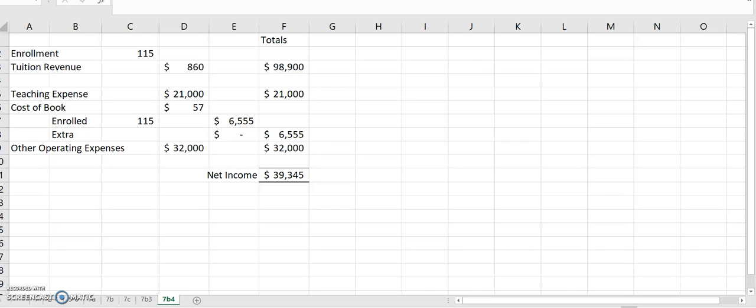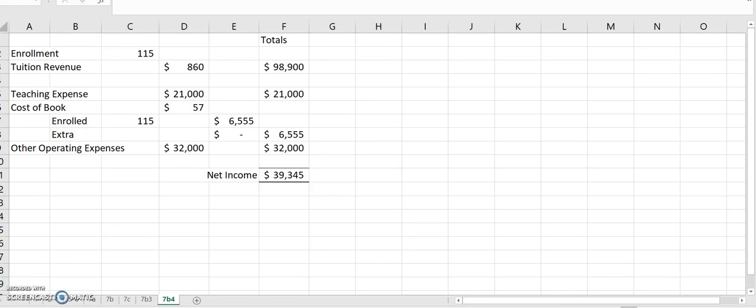Now, the last requirement asks us to decide which system is better, just in time or the traditional system. The reason the just-in-time system wins out, and is our favorable option, is because of that last scenario. In the event that we can only accept 110, we're bound by that. We have that upper limit that prevents us from taking those extra 5 students.